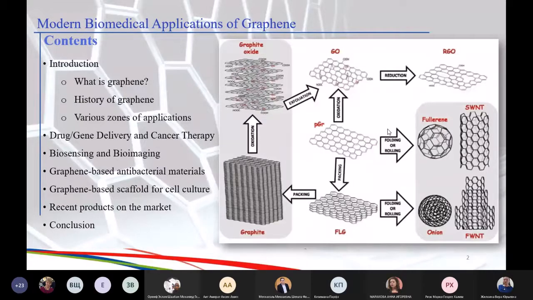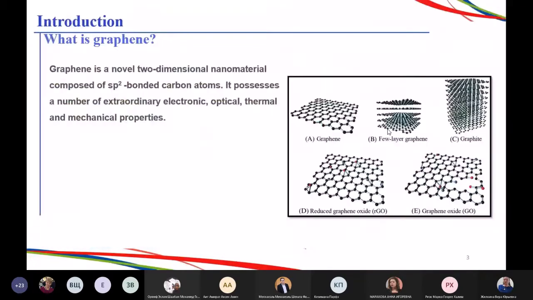First of all, introduction, and the second point will be drug gene delivery and cancer therapy, biosensing and bioimaging depending on graphene, graphene-based antibacterial materials, graphene-based scaffold for cell culture. Next point, recent products on the market, and the conclusion in the last step.